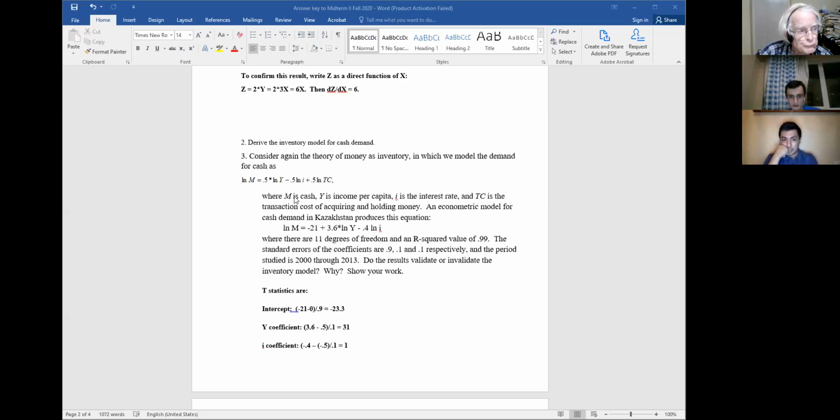Now, what about the interest rate? That observed coefficient is 0.4. But from the inventory model, we had anticipated minus 0.5.